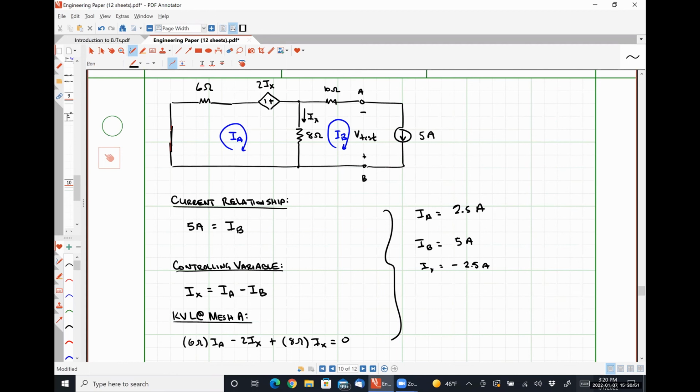We can do a simple Kirchhoff's voltage law loop where we have V test and then the voltage drop over the 10 ohm resistor and the voltage drop over the 8 ohm resistor, and those 3 things are going to be related. But we need to be specific about the polarities over which we define our voltages, right? So your suggestion was like this.